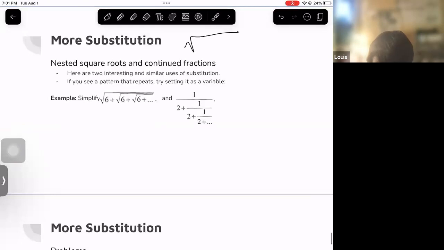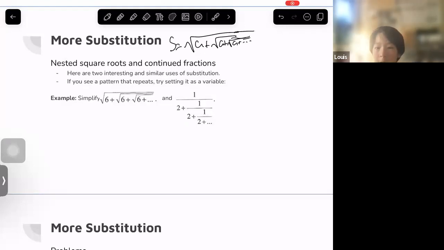Suppose it's root of a plus root of a plus root of a plus all the way to infinity. So suppose that this is s.